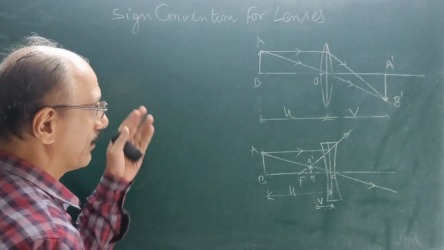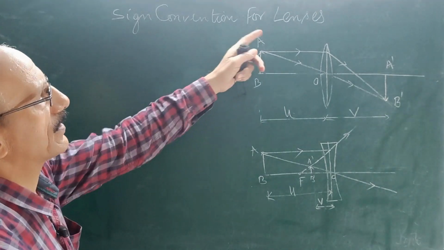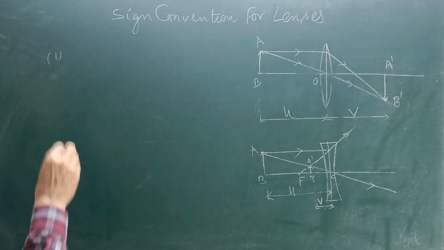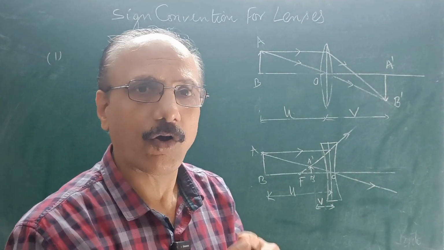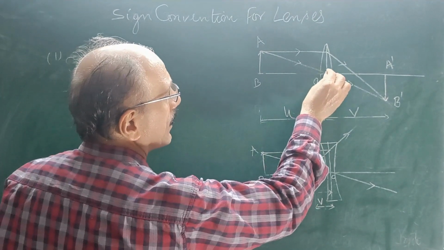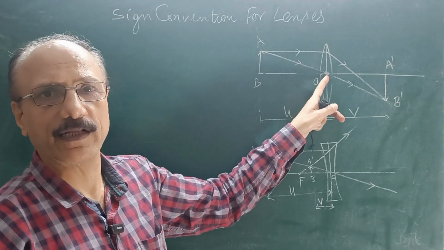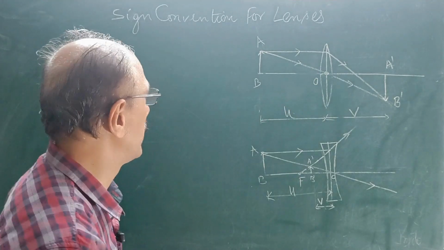Let us see. We will discuss the rules of sign convention for lenses. So the first rule is same as that of the spherical mirrors. That is, all distances are to be measured from the optical center of the lens, that is, the center of the lens. In case of the mirror, it was the pole of the mirror.